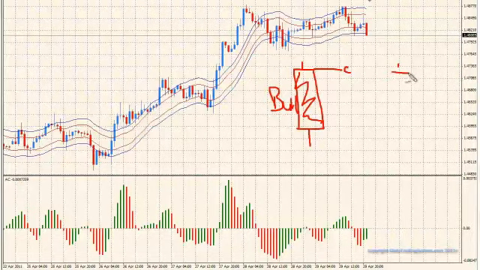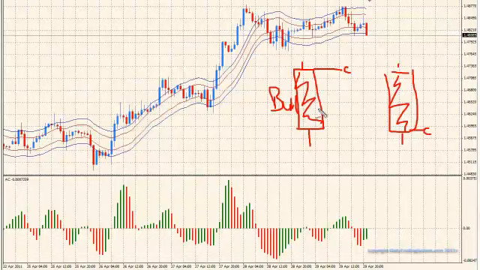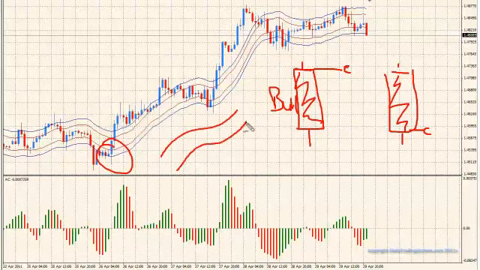If you had a sell trade opportunity, you're looking for a red candle, according to my template, and the close will be down at the bottom. This is a buy trade opportunity, and we're looking for the close to be inside the two lower bands, as you can see right there.